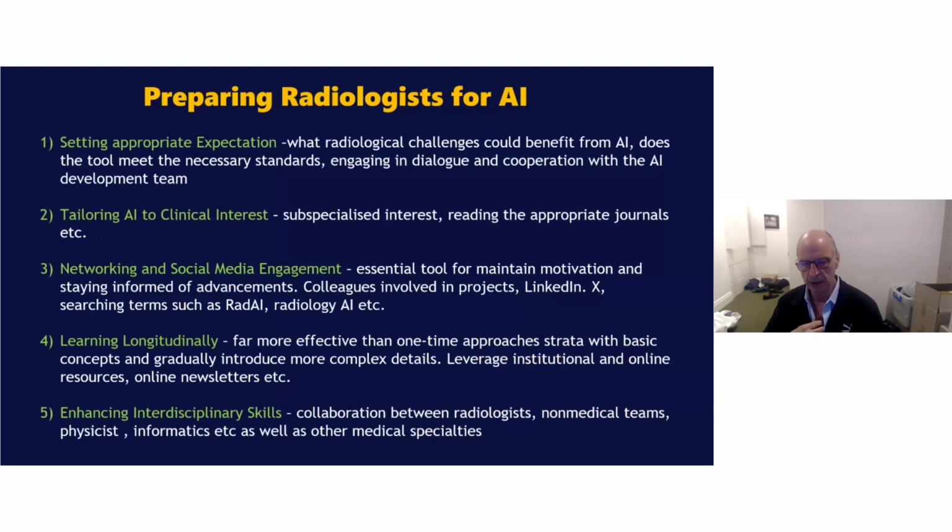Networking is social media engagement. There's a lot of information. It's an essential tool that forms part of knowledge. You've got to learn longitudinally, so you have to learn over time the place and function of these things, and also to enhance interdisciplinary skills, because we never work in isolation. There are referrers, there are physicists, there are data scientists, etc.